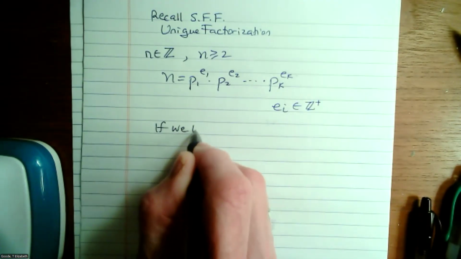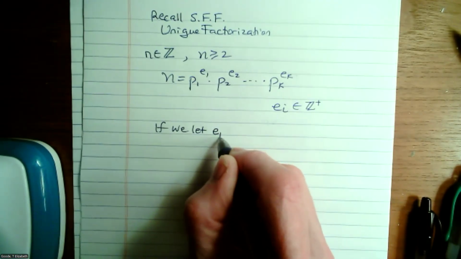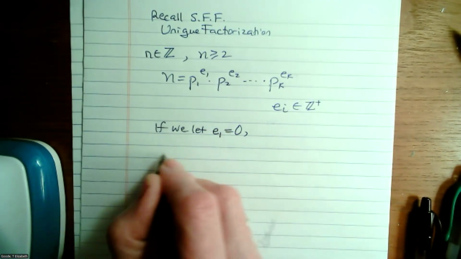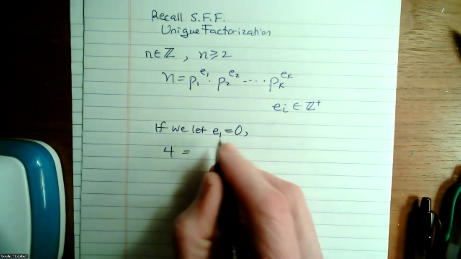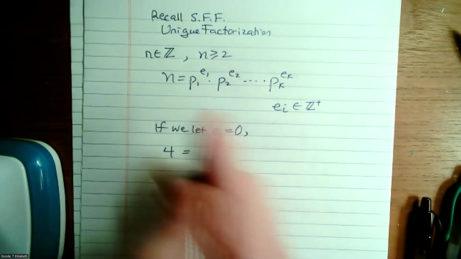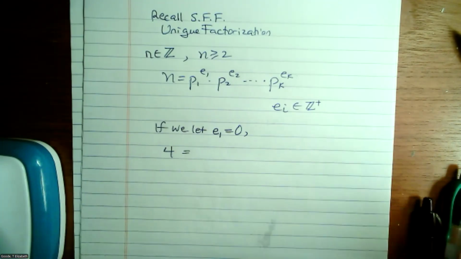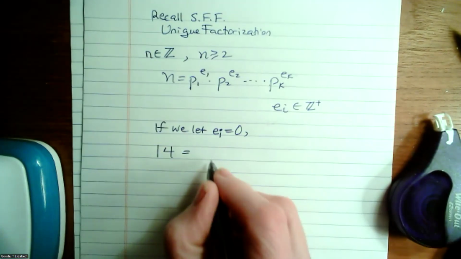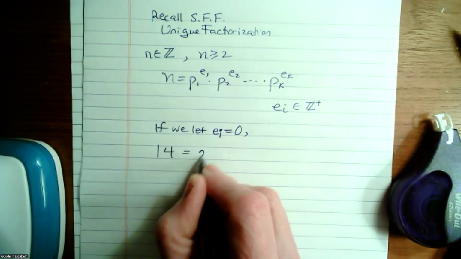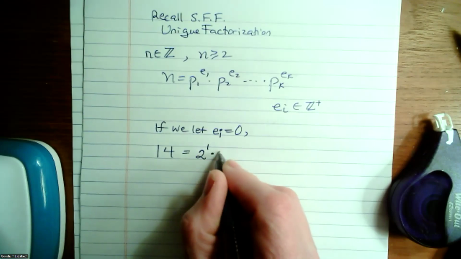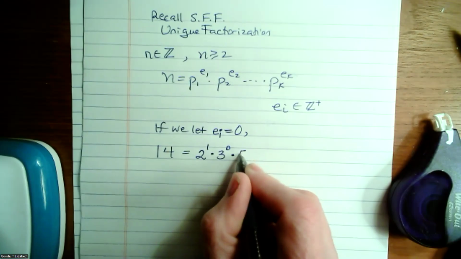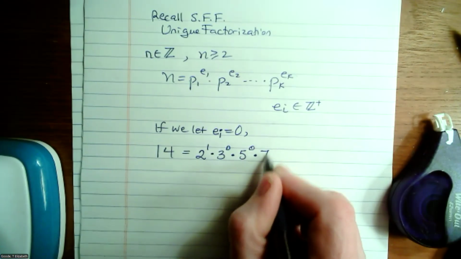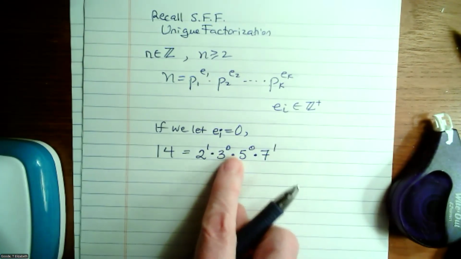If we let e sub i equal 0, we could say 14 equals 2 to the 1 times 3 to the 0 times 5 to the 0 times 7 to the 1, which is silly, right?